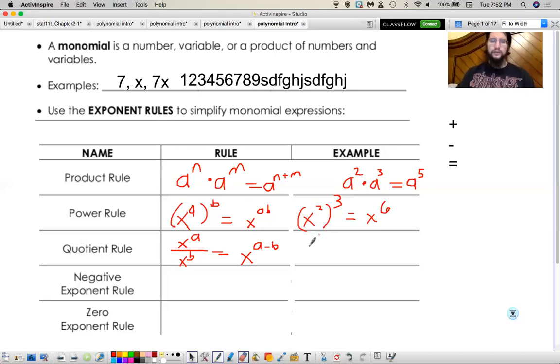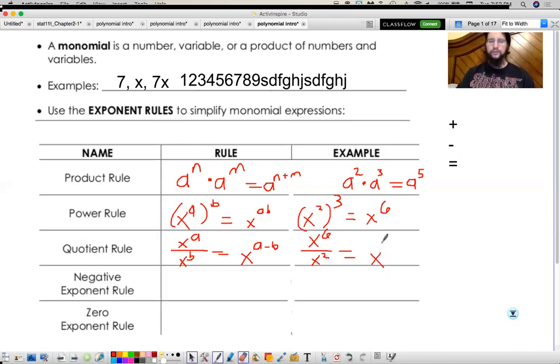Example, let's do x to the 6th divided by x squared. Same base, x, and then we're going to do 6 minus 2, which is 4. We subtract the exponents.